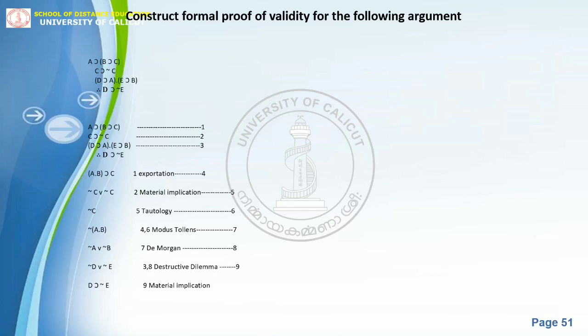Hence the answer is D implies negation E. That is, again we use the rule of replacement, 9 material implication. Hence we get the answer.